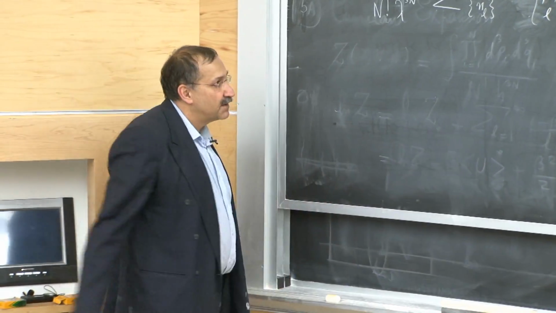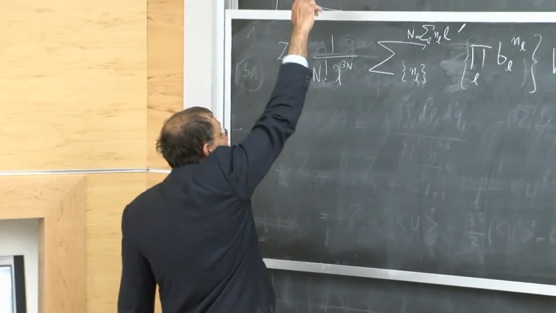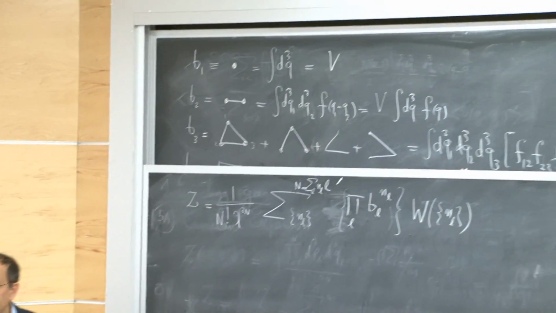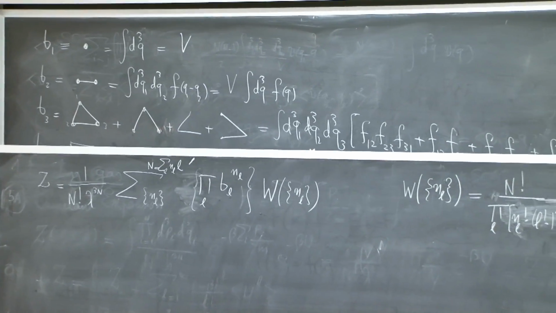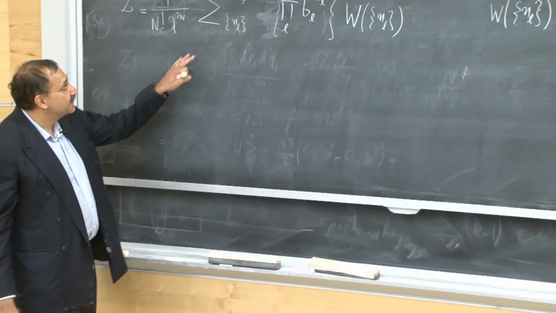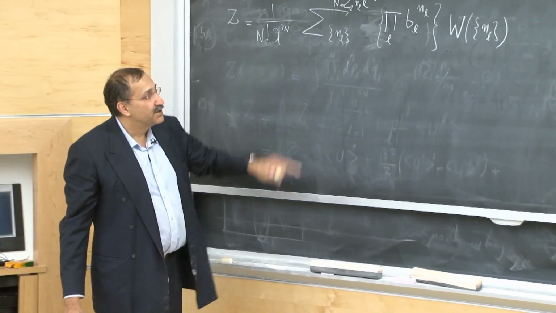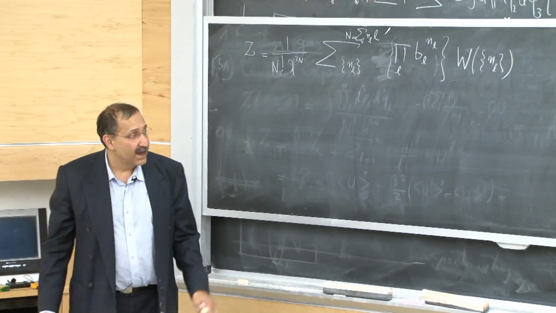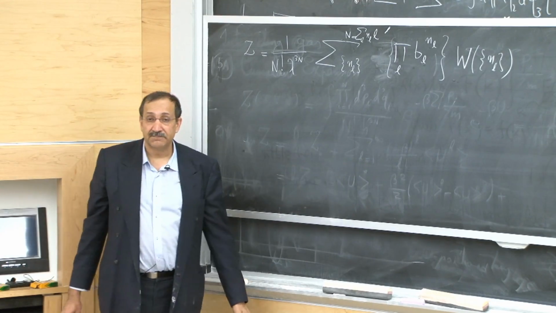So this is my partition function in terms of these clusters. Even with all of these definitions that I have up there, maybe not so obvious an answer. One of the reasons it is kind of an obscure answer is because here I have to do a constrained sum.